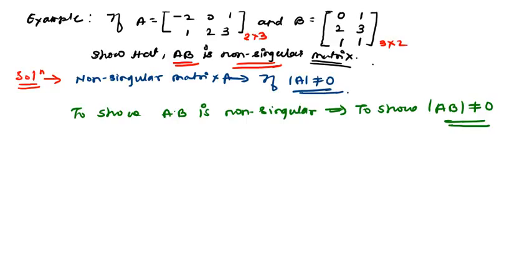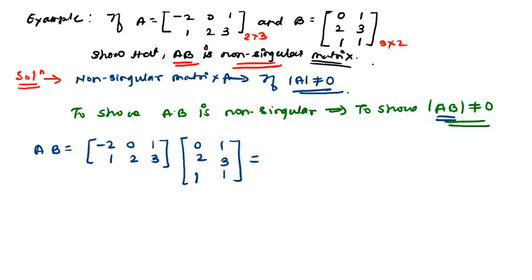To calculate this, first we need to find out what the matrix AB is. So firstly we will calculate the matrix AB. We'll write the matrix A first here, [-2 1 0; 2 1 3]. And the matrix B is [0 2; 1 1; 3 1].